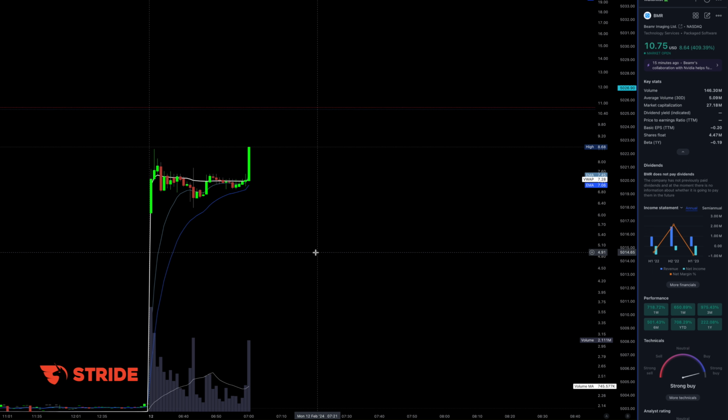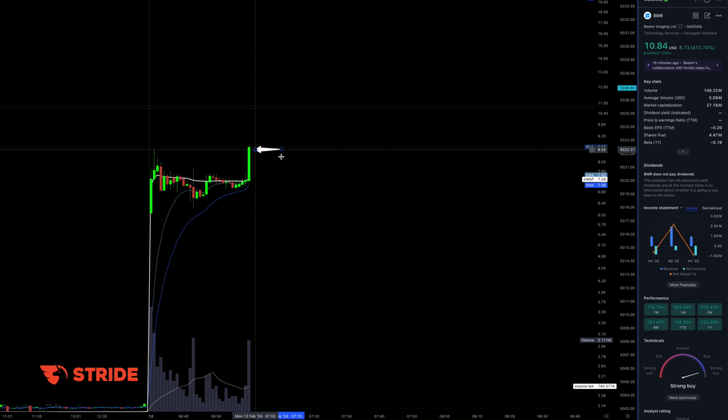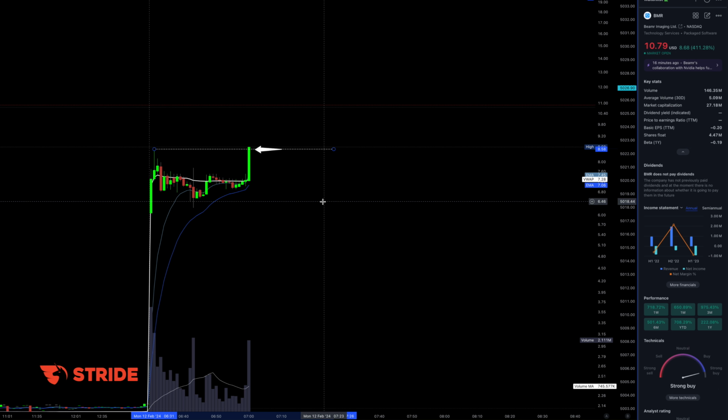You see this green candle and you might think, okay, it's time for me to short. I think it's a false breakout and the stock will go down because I believe the news is not that big of a deal. Let's have a look at what happened next.